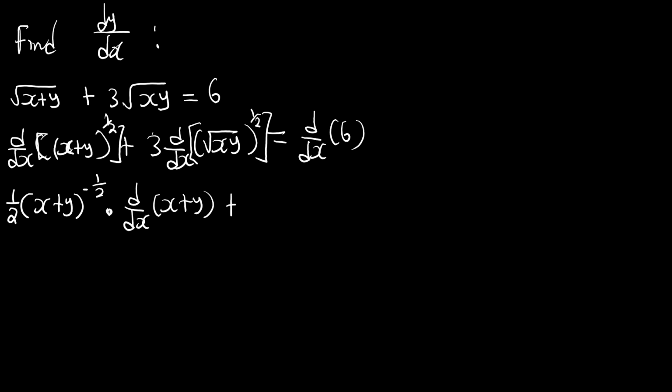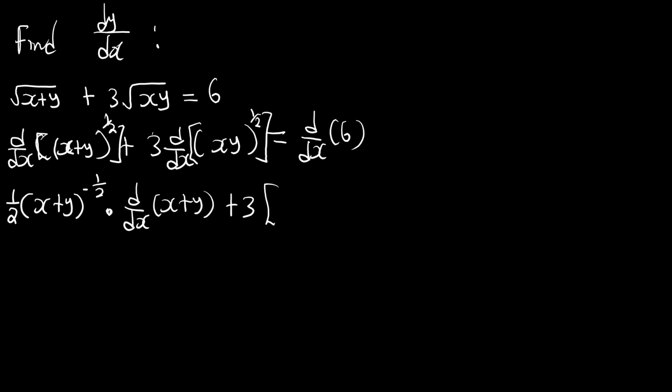Then plus 3. Let's keep this 3 outside. Now that we have written it in exponential form, we are going to differentiate (xy) to the exponent half. Even here we are going to apply the chain rule.